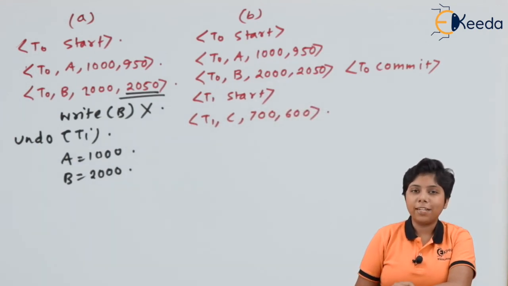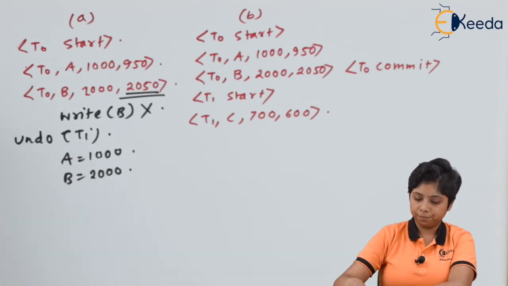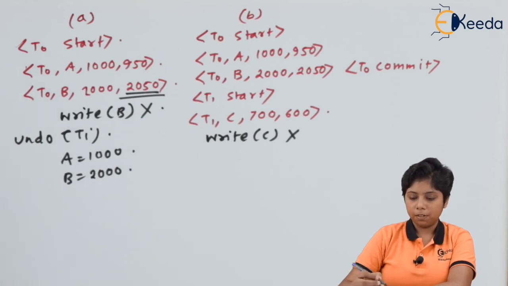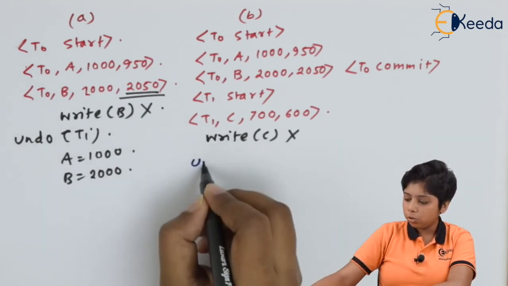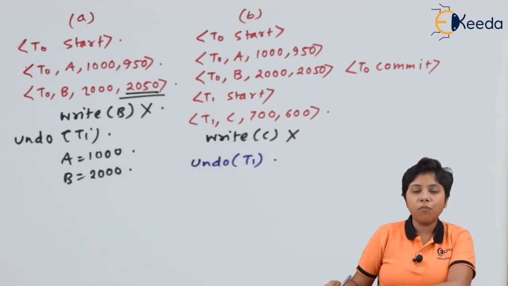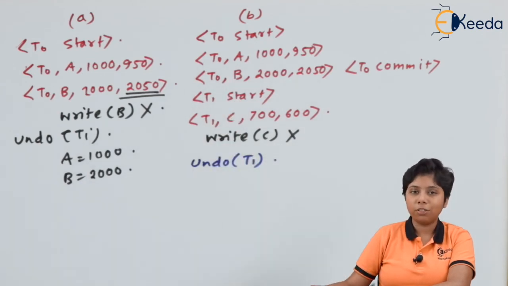Now before the write C, the transaction fails or the log record fails to modify the data in the database. Now what happens? We must perform undo T1, but also we need to decide whether to undo T0 or redo T0.